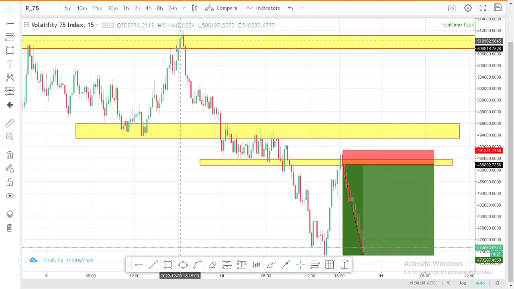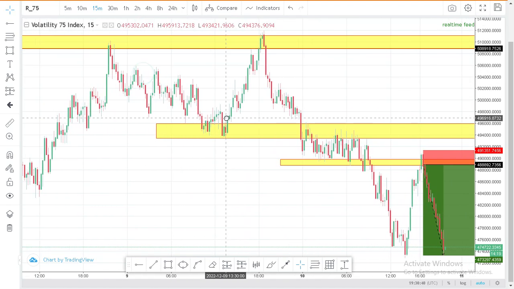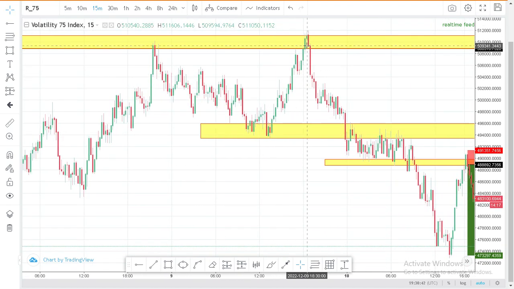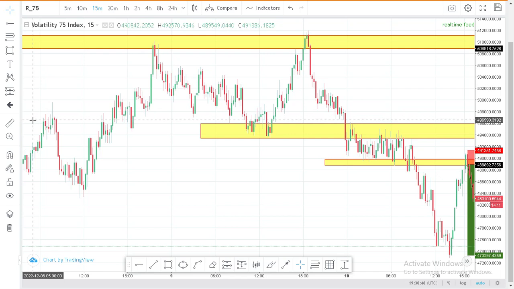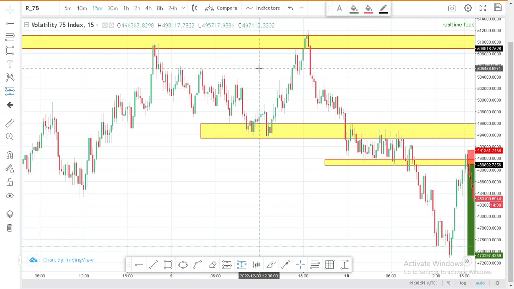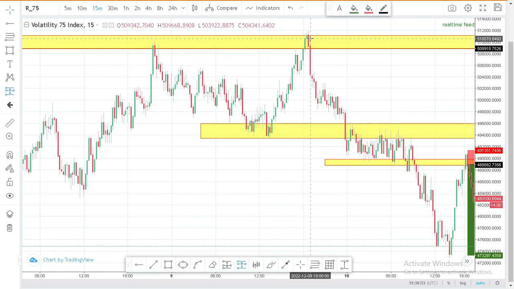When you look above where the market rejected, you'll ask yourself, okay, where do I put my entry? It's easy, guys. Whenever I see this kind of pattern forming, this is a bearish engulfing pattern.